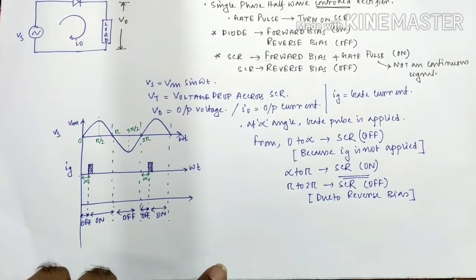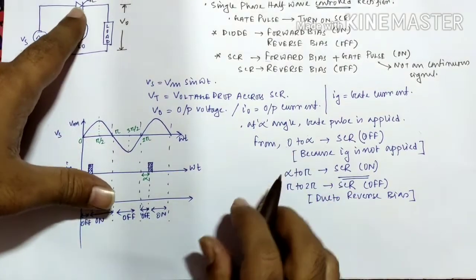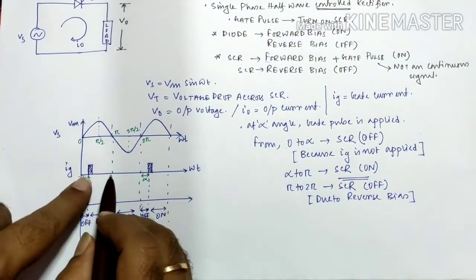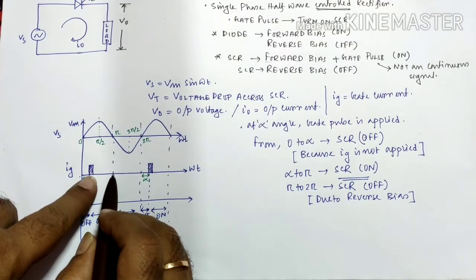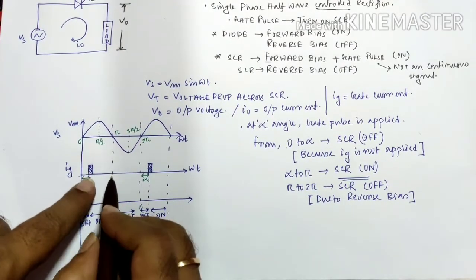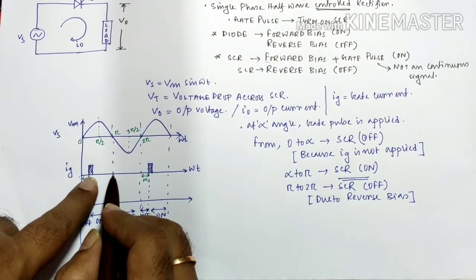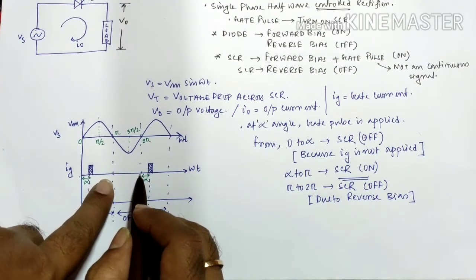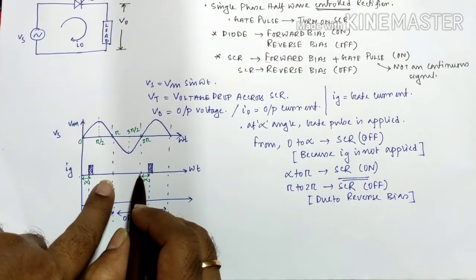So from 0 to alpha, this SCR is off. From alpha to pi, during this particular time, SCR is on. From pi to 2 pi, biasing is reverse bias, so SCR will be turned off. That means SCR will not conduct.